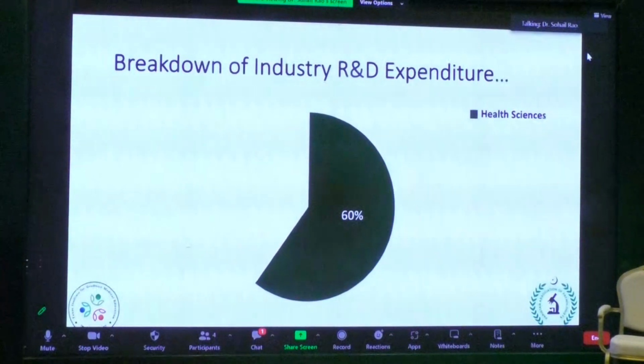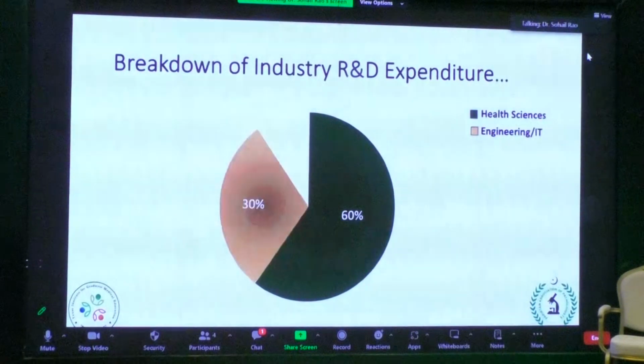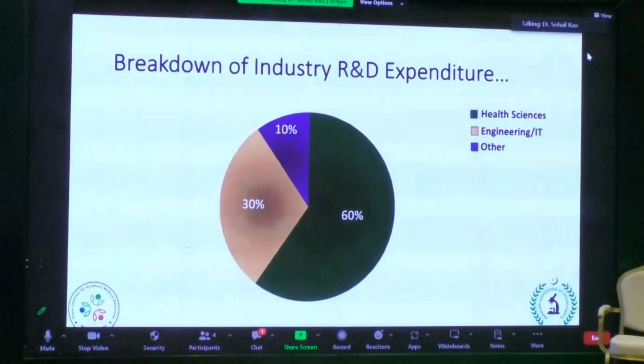It could be very basic research to clinical phase 1, 2, 3, and 4 research. So 60% of $1 trillion, which is about $600 billion, industry is pumping into health sciences research. Engineering is getting about 30%, and others are getting about 10%.